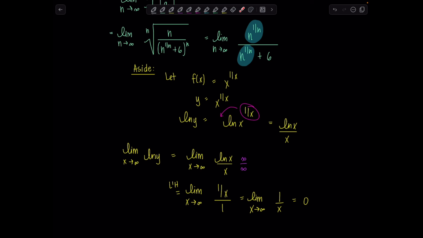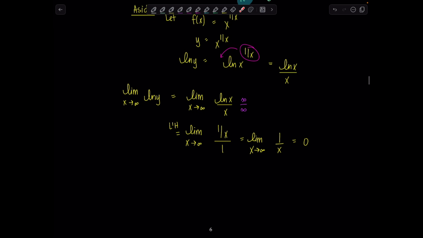Okay, but remember that was the limit for the natural log of y, or the natural log of f of x. How do I figure out what the limit is of the original function? Well, what's the inverse operation or function for a natural log? It's an exponential function whose base is e. So this means the limit as x approaches infinity of f of x is going to be e raised to the limit as x approaches infinity of ln of y.